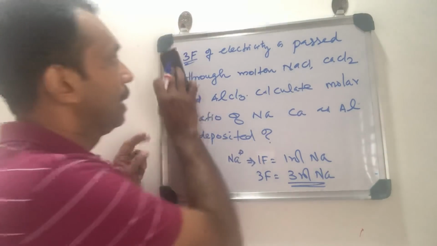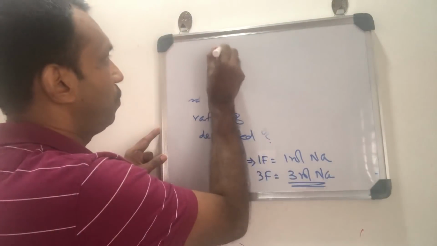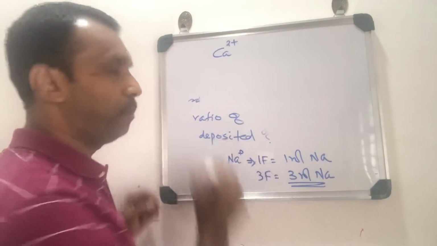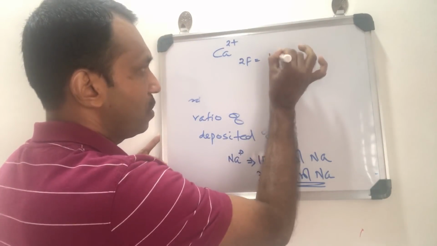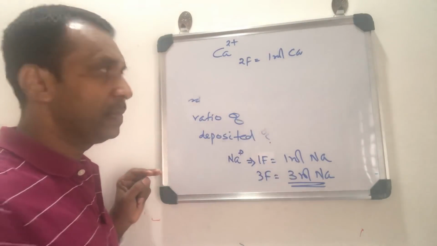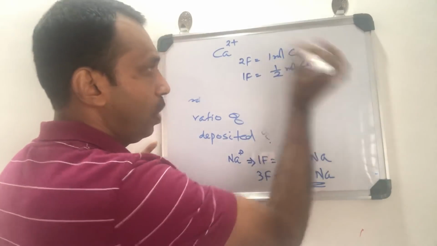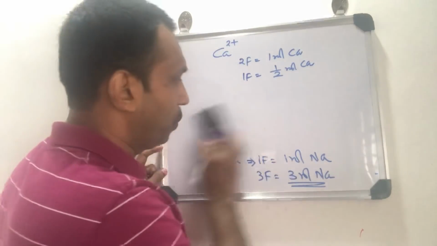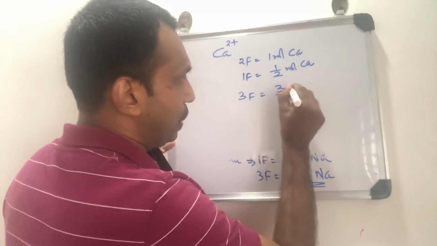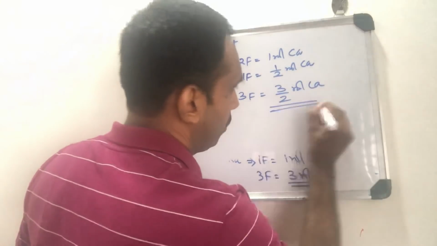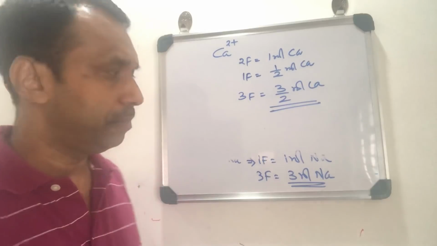In the same way, consider the second one, calcium. We know the charge of calcium is 2+. So 2 Faraday will produce 1 mole calcium. So 1 Faraday will produce 1/2 mole calcium. Therefore, 3 Faraday will produce 3/2 mole calcium.